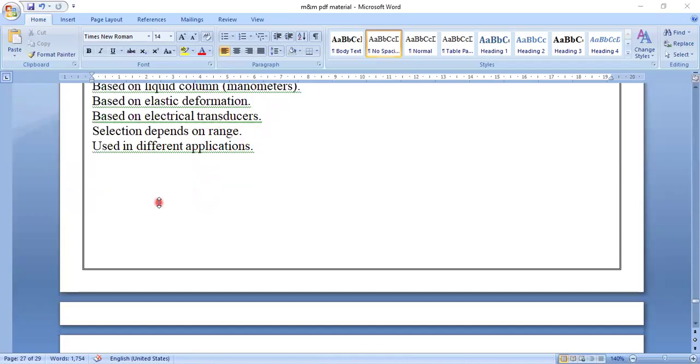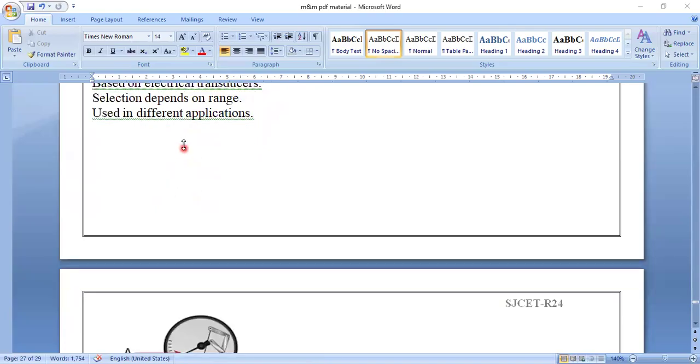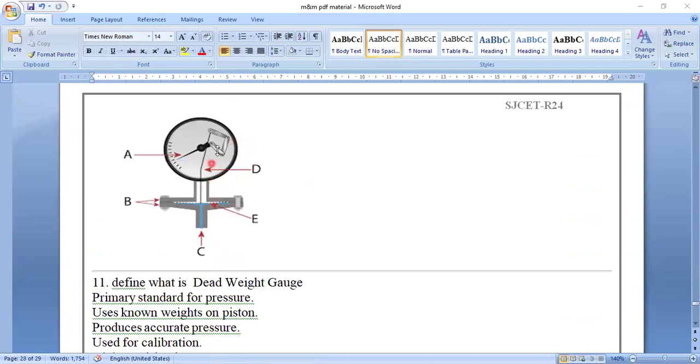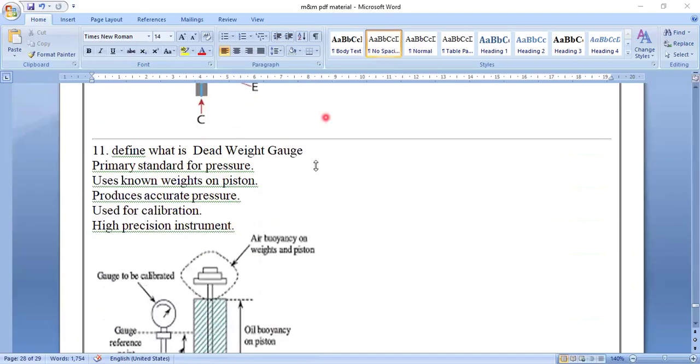Selection depends on range, how much range will be used in different applications. Here you put the gas or liquid or fluid, and it makes a difference and you read the readings here. That is what the manometer or elastic deformation does.